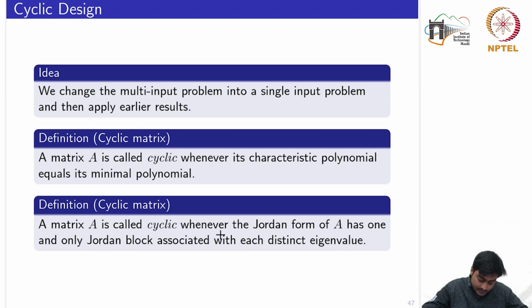This is how we define the cyclic matrix. Either you compute the characteristic and minimal polynomial and see their equivalence, or you transform by using the similarity transformation into the Jordan form, and then see whether there is one and only one Jordan block associated with each distinct eigenvalue.